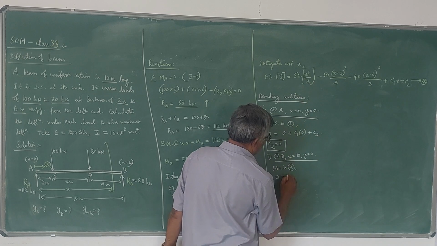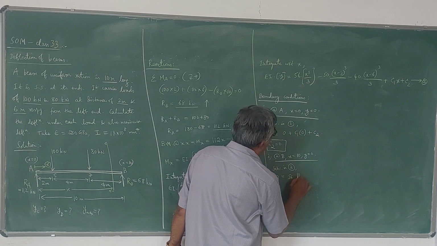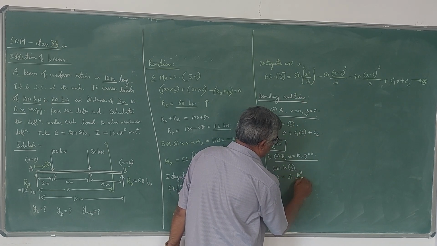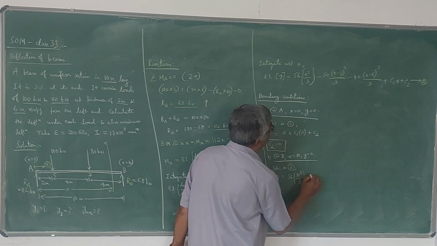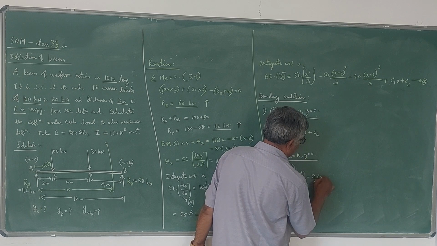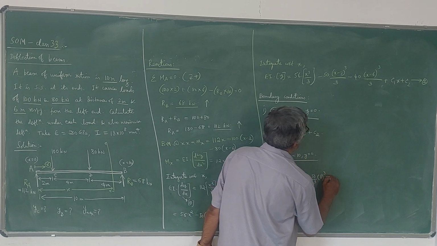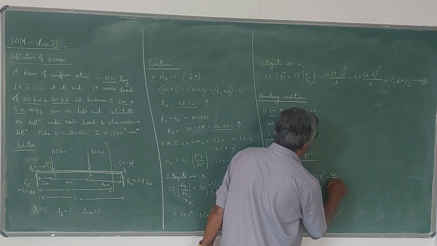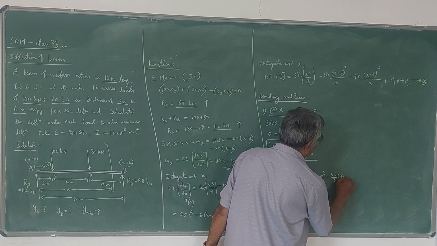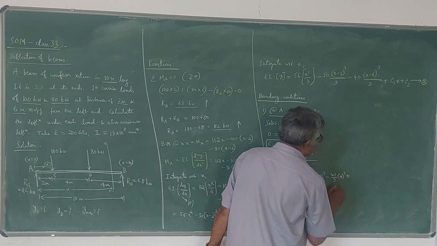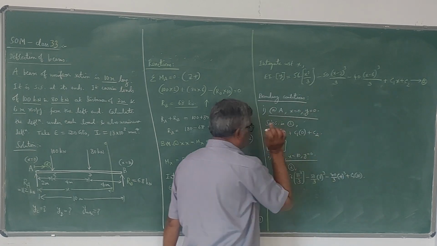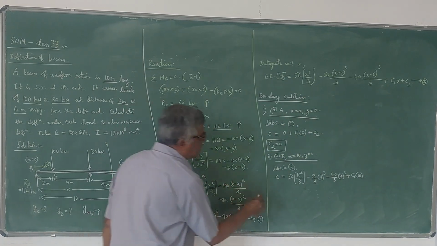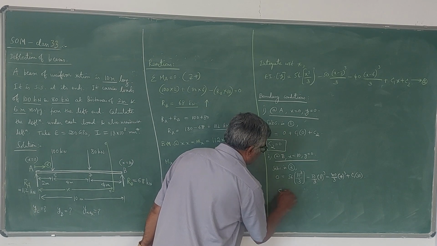On the RHS, I have to put x as 10: 56 into 10 cubed by 3, minus 50 by 3 into (10 minus 2) which is 8 cubed, minus 40 by 3 into (10 minus 6) which is 4 cubed, plus C1 into 10. Of course, C2 is 0 from the first condition. So from this you can get the value of C1.